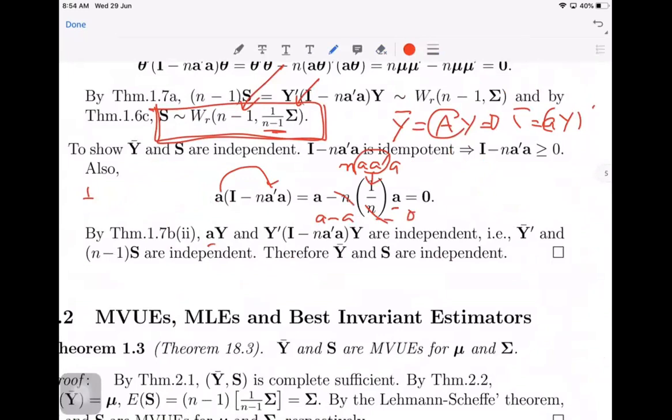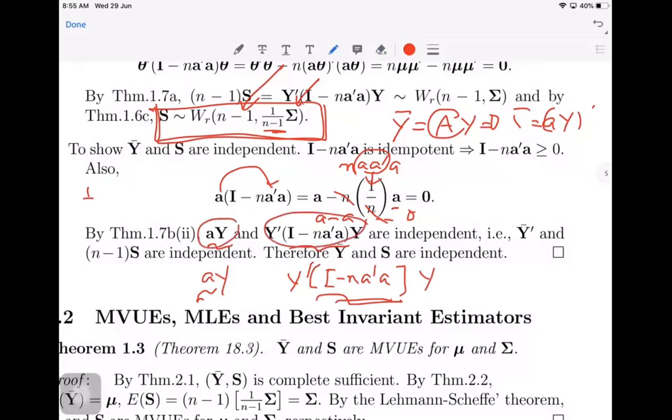So one is a function of AY, and the other one is a function of I minus n A prime A Y. And since we have shown that A times this is 0, then we say that these two are independent.